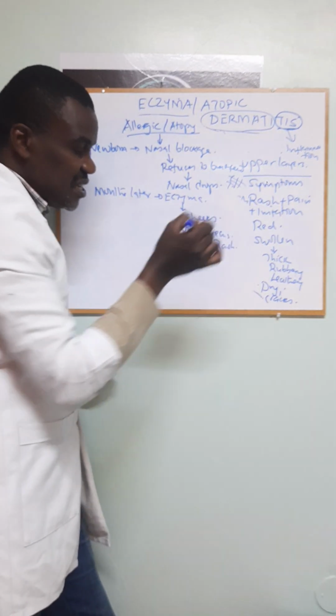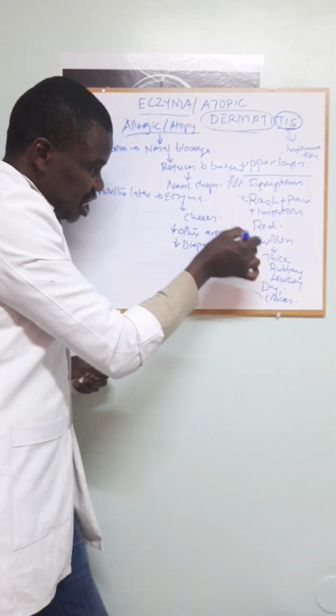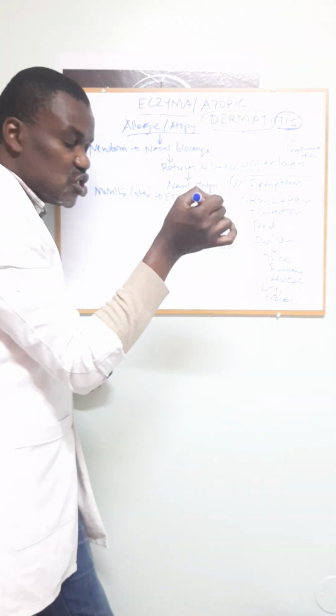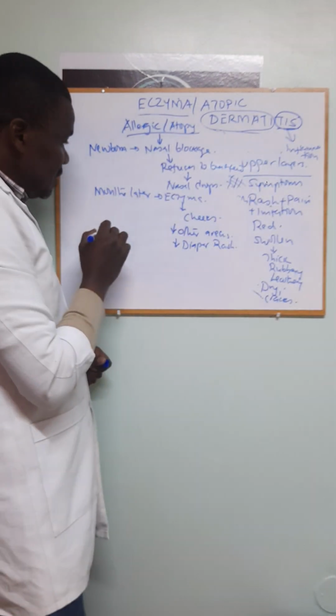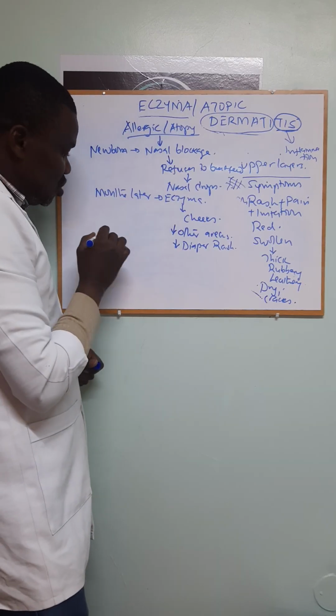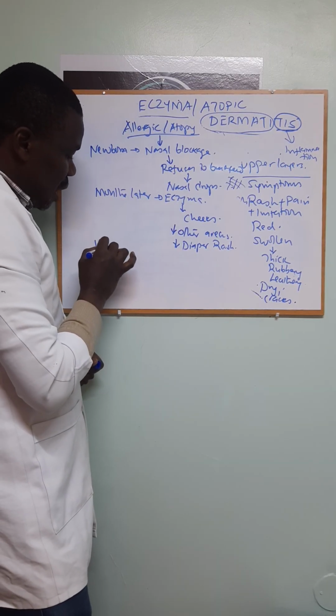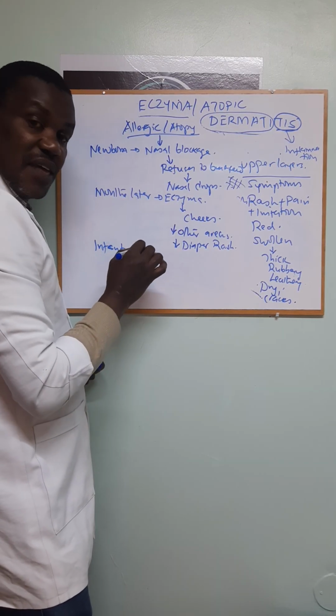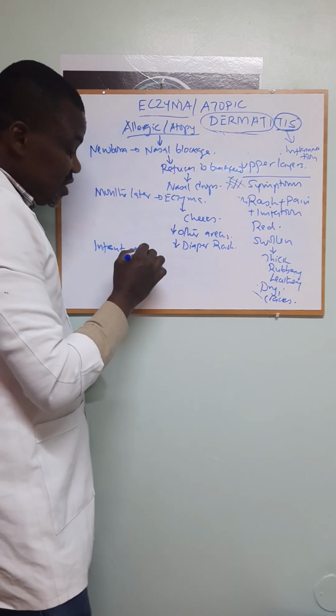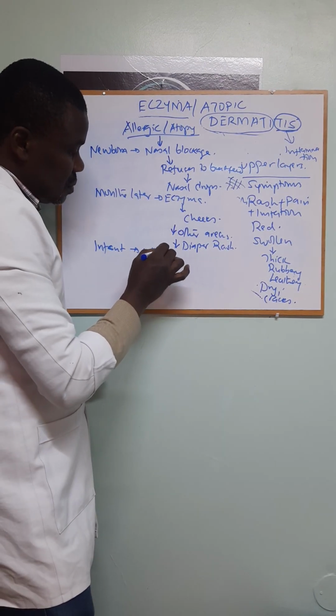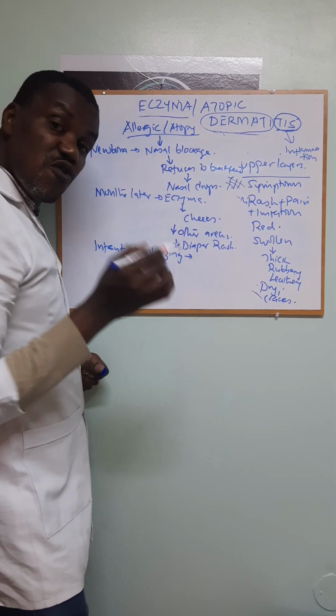If you change the diaper that they are used to, or you change the wipes, or you leave the child soiled for long. Then, months later into becoming an infant, approaching 1 year, they get wheezing. Wheezing is tightness of the chest.